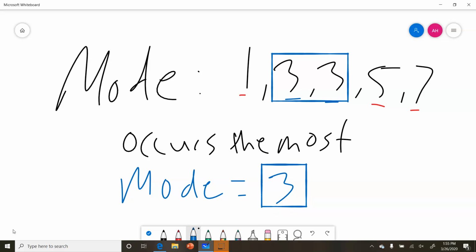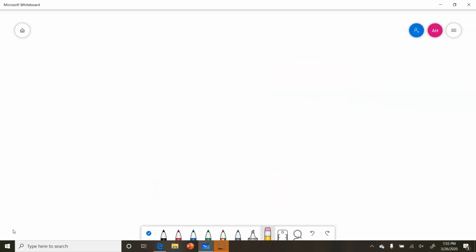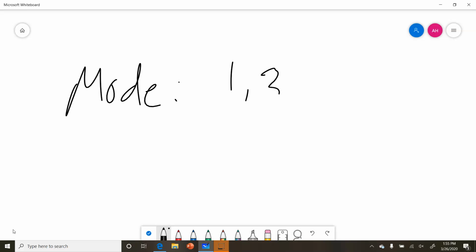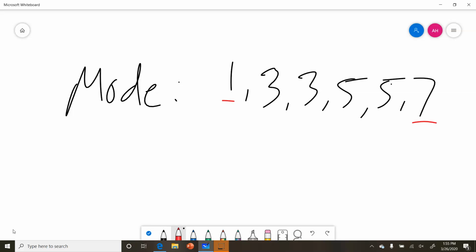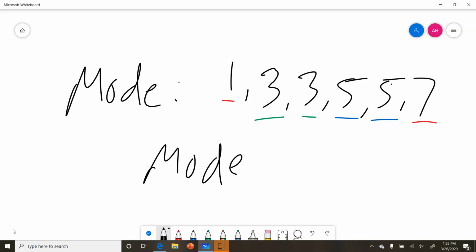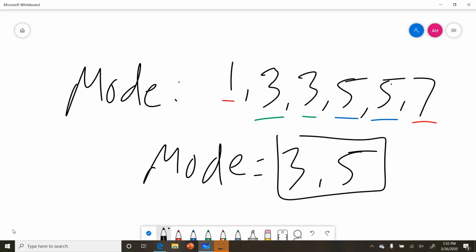Okay? Sometimes you don't have a mode, or sometimes you'll have 2 modes. Let's look at our example from before: 1, 3, 3, 5, 5, 7. You see the 1 and 7 occur once, but 3 and 5 each occur 2 times. So the mode in this problem is 3 and 5. Both of them are a mode.